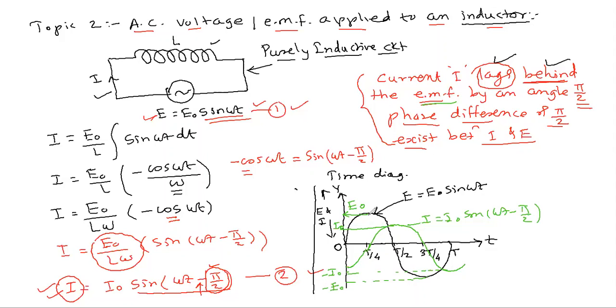Once again, remember the peak value of the EMF is greater than that of the current. That's why, in these sinusoidal functions, the peak value of the current is less and the peak value of the EMF is more.